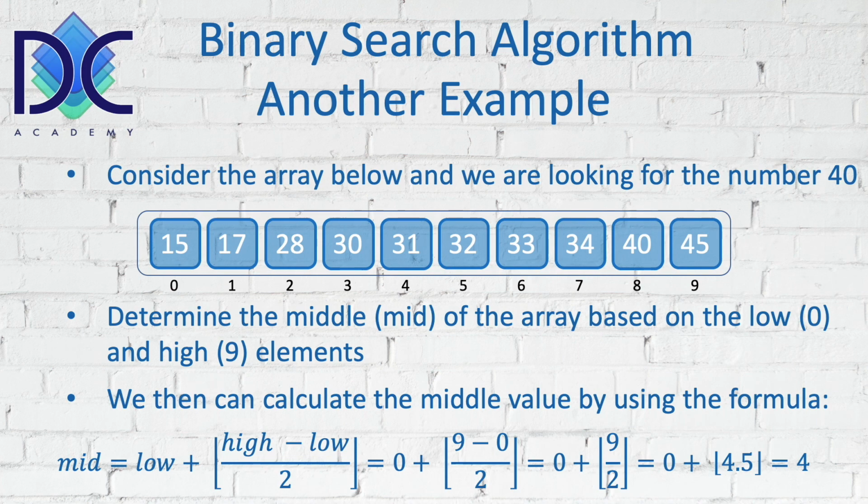So basically we're going to round down. Low is 0, high is 9, so we have the floor of 9 halves, which is the floor of 4.5. So the middle position is position 4 with a value of 31.